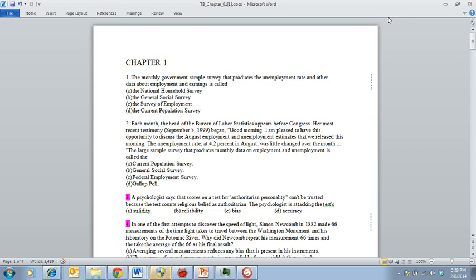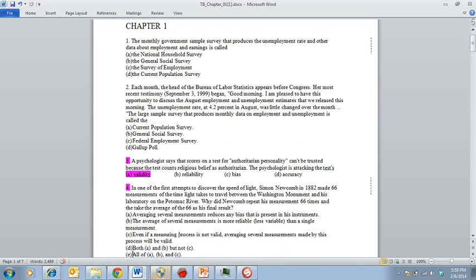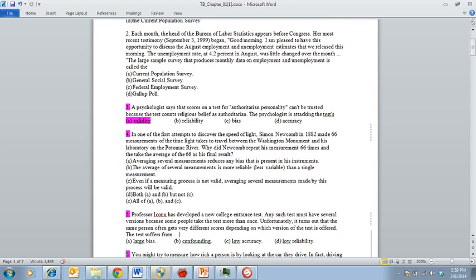In this one, I picked validity as the correct answer, because what it's saying is that it's not a valid way to test for an authoritarian personality by looking at the religious belief. It could be, it might not be, that would be an entirely different observational or type of study, but in this case it's attacking the validity of asking that question.